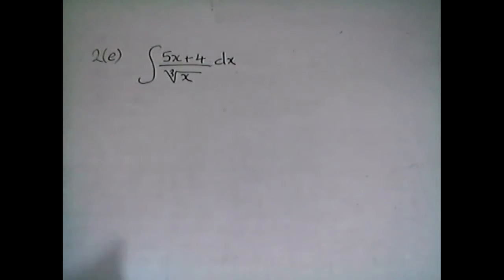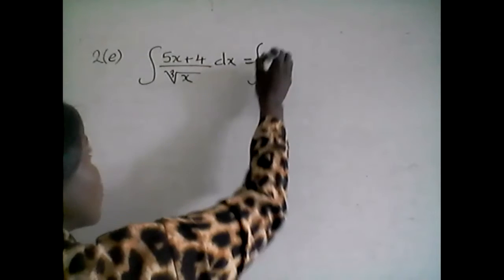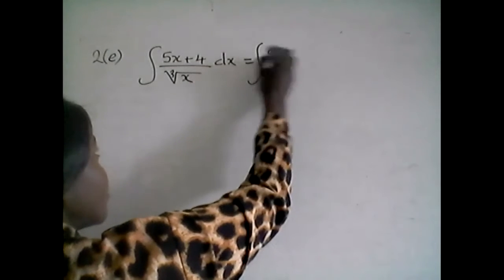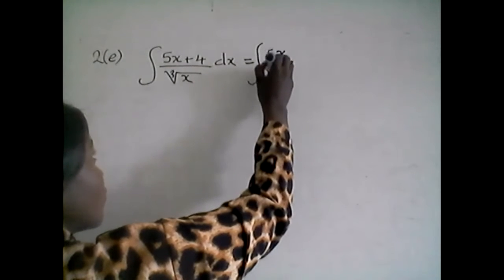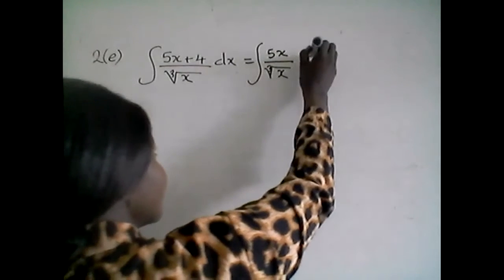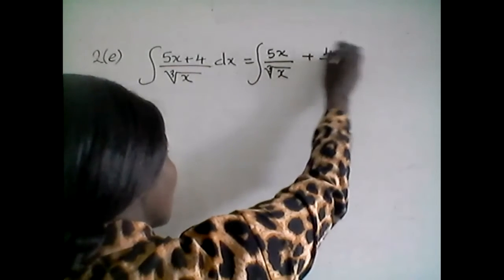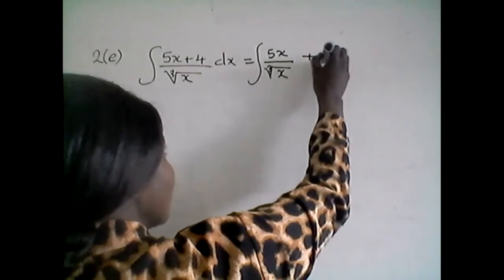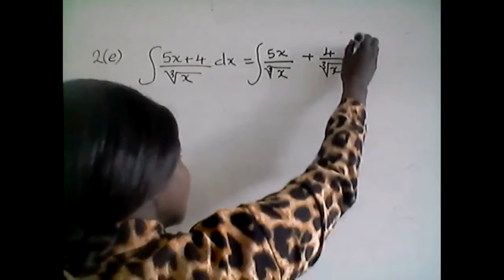So now this part which is here, we are going to chunk it. This is going to give us the integral of 5x divided by the cube root of x dx plus 4 over the cube root of x dx.